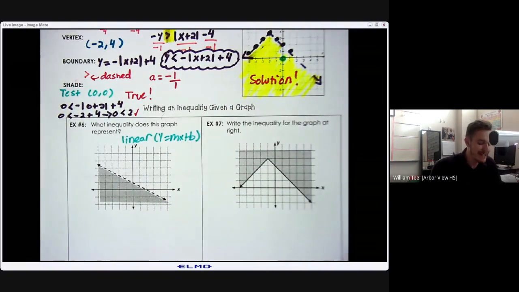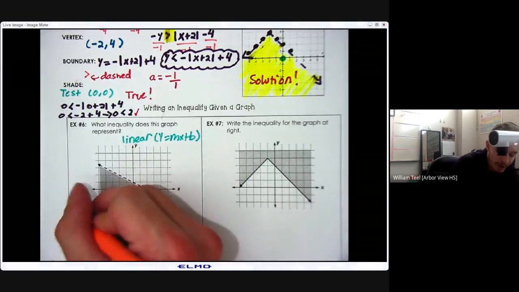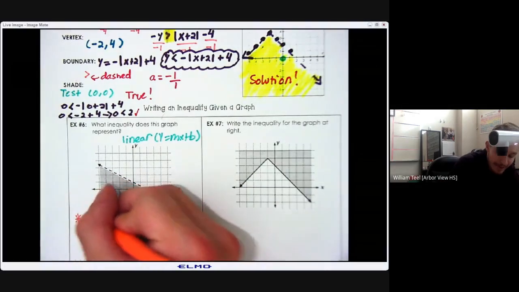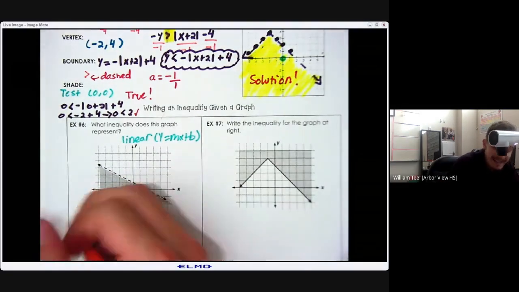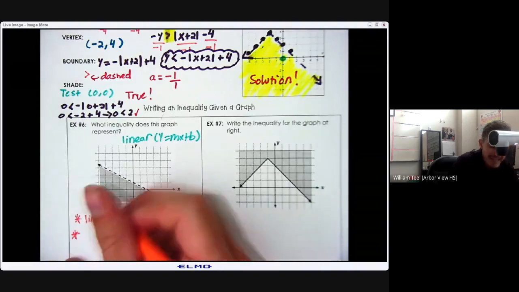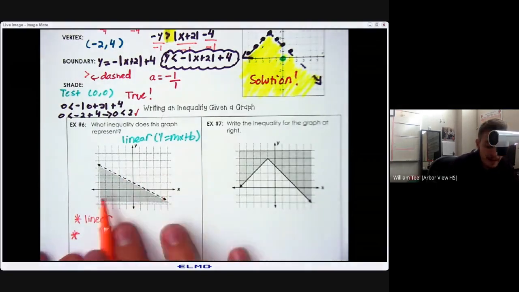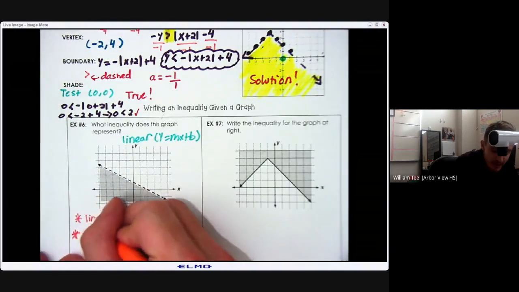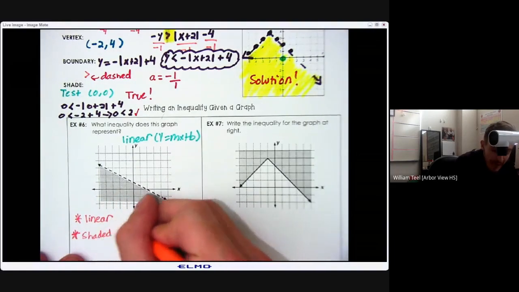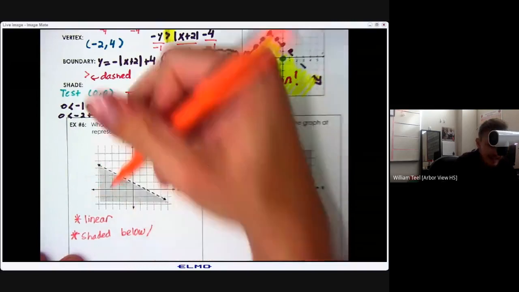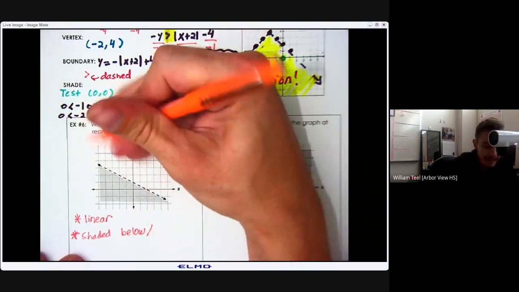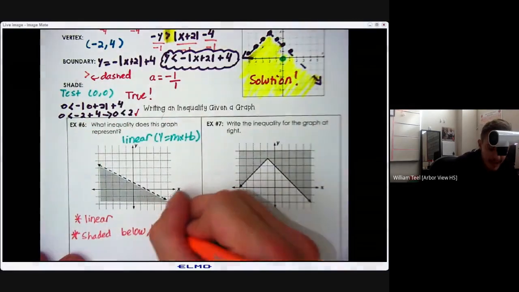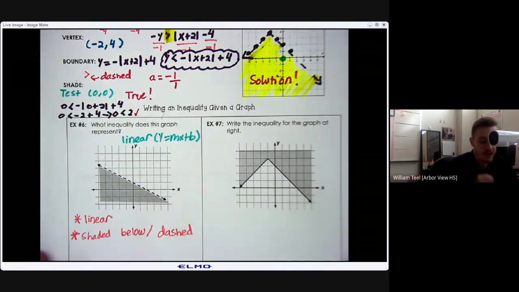Now let's write what we know about this graph. The first thing we know is that this is a linear graph, like we said before. The second thing we know is that it is shaded below, and we also know that our boundary is a dashed line. So I'm going to say shaded below the dashed line.